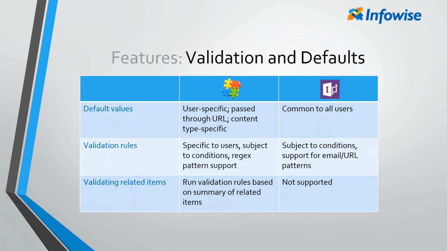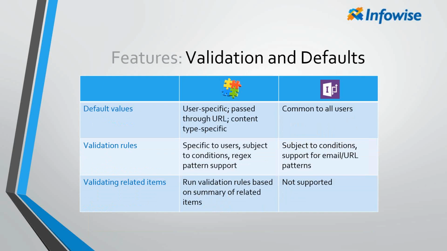Okay, let's talk about validations and default values. In terms of default values, you can set default values in InfoPath, but they are common to all users. It's always the same default values. Now in Ultimate Forms, you can set user-specific column default values.